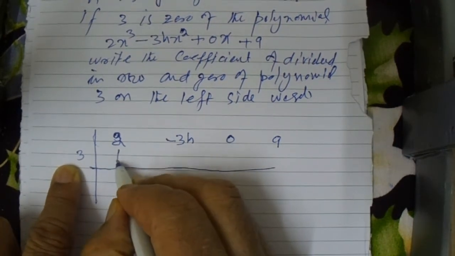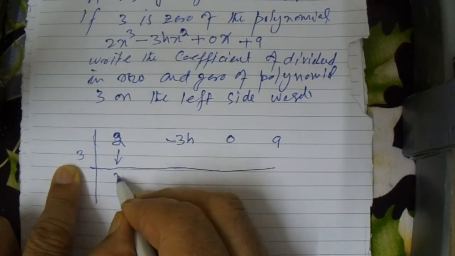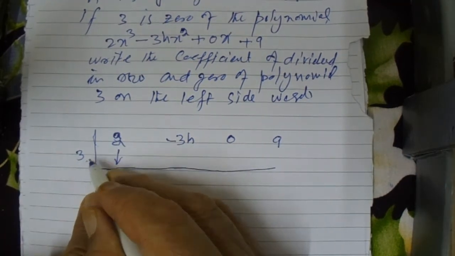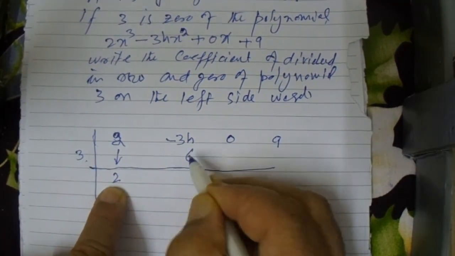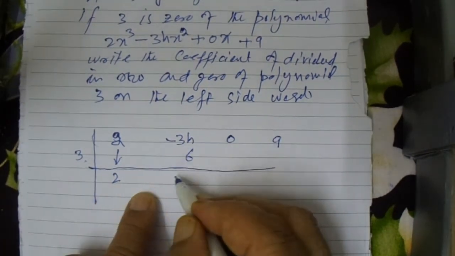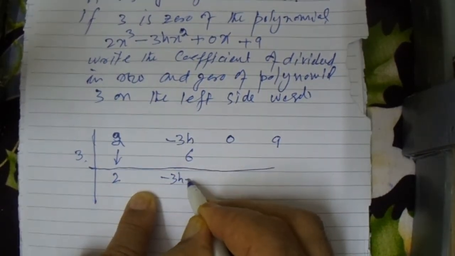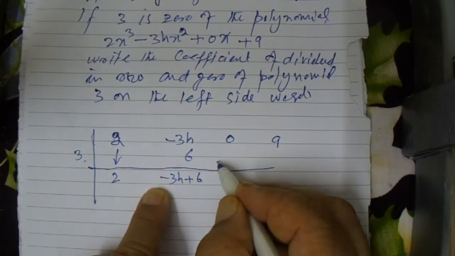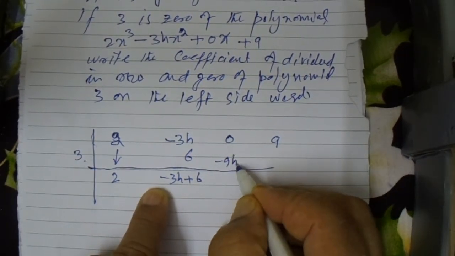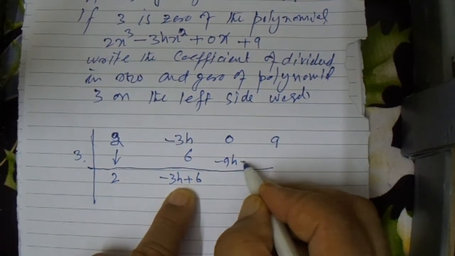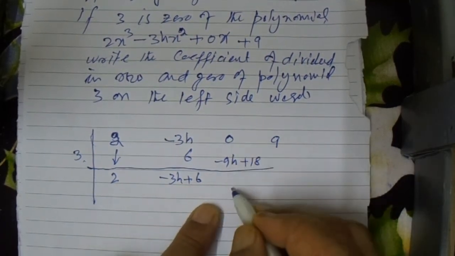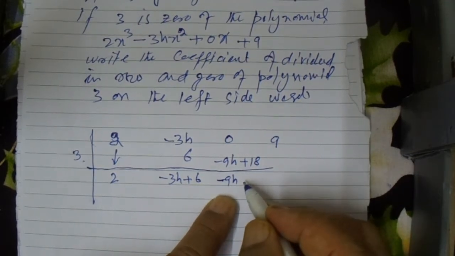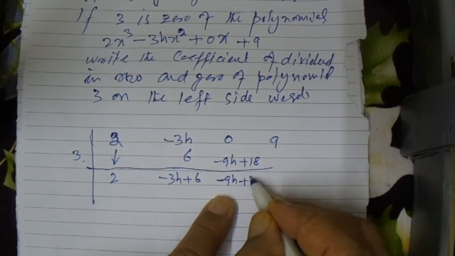Now with the same procedure, we write this 2 here, and multiplied by 3 is 6, we write this 6, and we add: minus 3h plus 6. Multiply by 3, that is minus 9h plus 18 here.